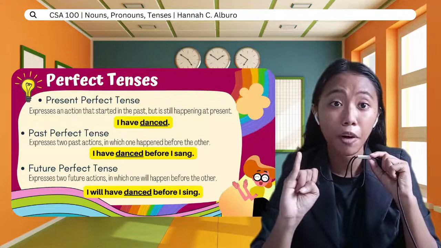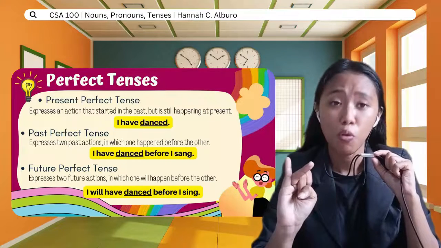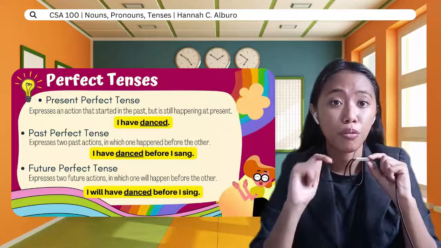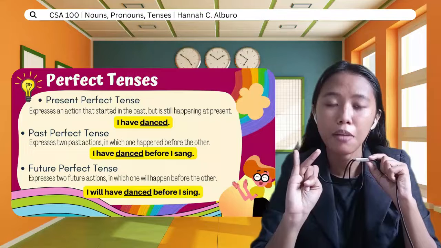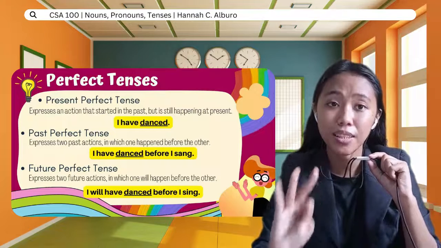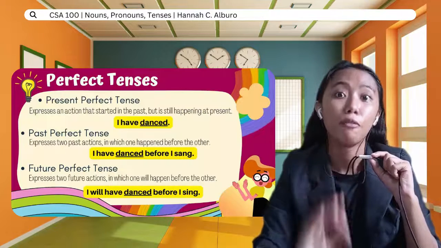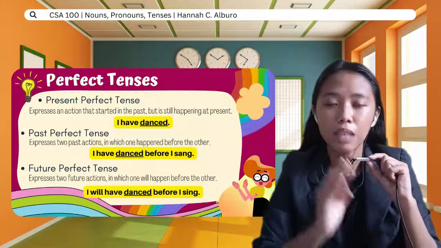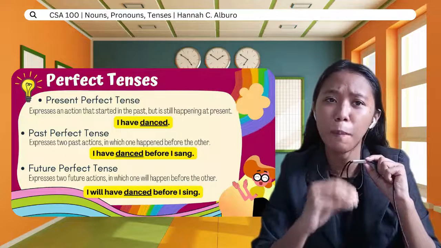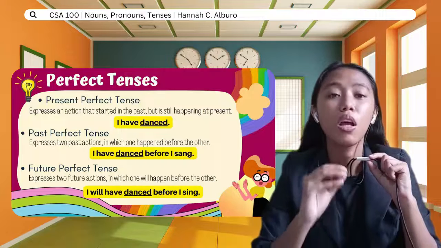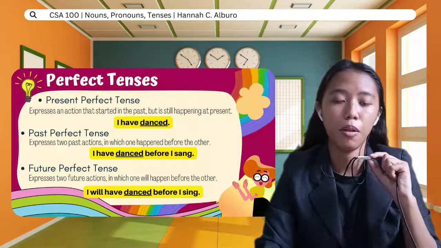The helping verb has, have, or had plus the past participle form of the verb. For the future, you first use the modal plus the helping verb have plus the past participle form of the verb. In perfect tenses, whether present or past, all the verbs are in the past participle.